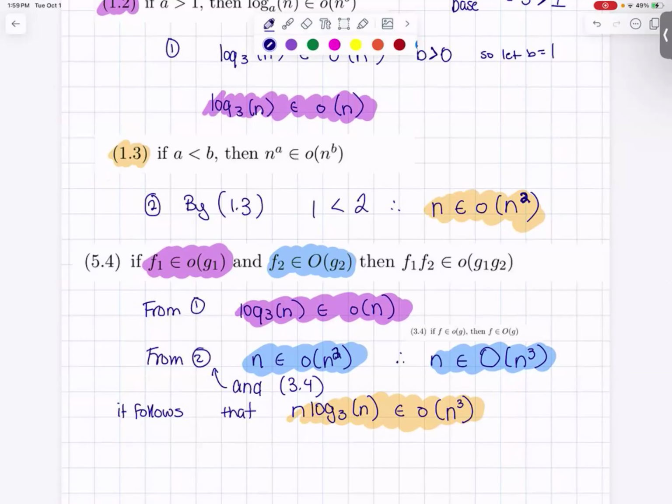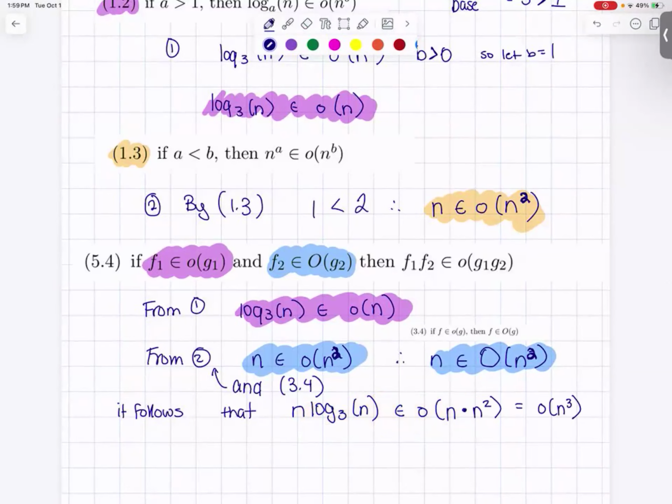And if n is in little o of n squared, then it's in big O of n squared. And in that scenario, we can basically multiply them together, where we take our original n and multiply it by n squared, which would give us little o of n cubed.